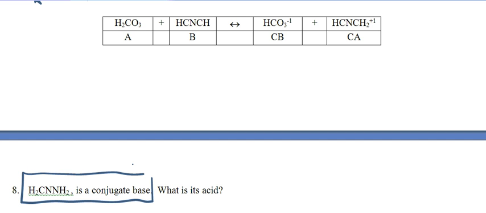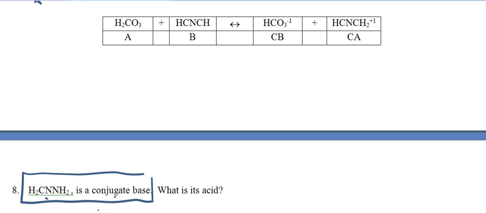When we're talking about what is its acid, we're talking about what this was before it became a conjugate base. So if we know that this is a base, how did it become a base? Well, it acted as an acid on the other side.